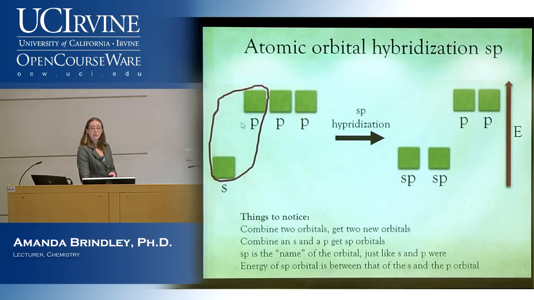You take an s and a p orbital and combine them together. How many p's do we have left over? 2. Do they go anywhere? No, they're still just hanging out waiting for us to do something with them. So we can use those to bond. This question has been asked multiple times, so I know a lot of you are still confused about it.